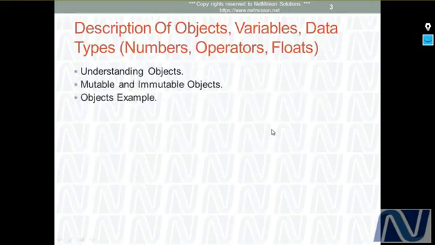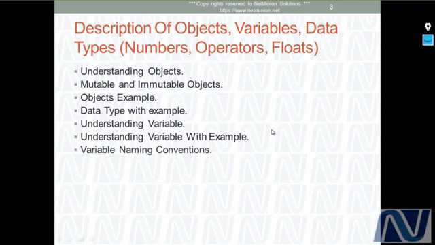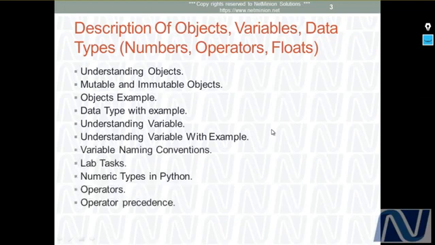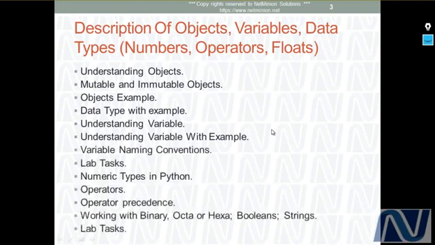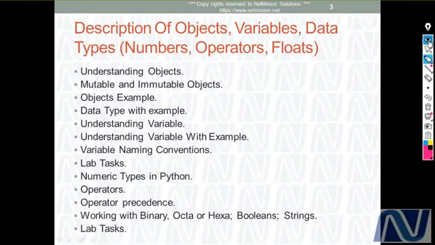The theory portion will start from here, where we will talk about variables and so on, and each and every portion includes a lab. As I was telling you from the starting, every theory portion will have a lab. Once we complete any theory, for example objects, there is a lab guide.